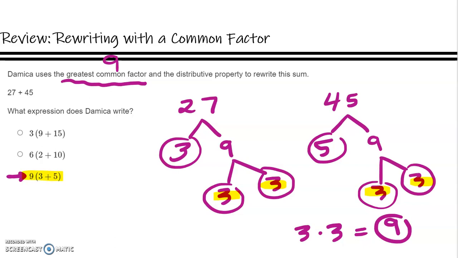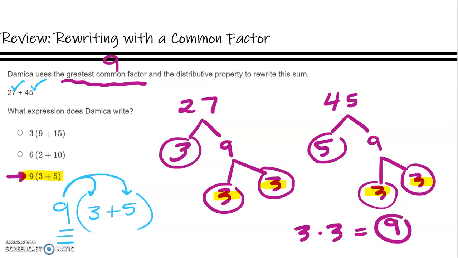If I were to work this out, the distributive property says that you take the number in front and you multiply it by both numbers inside. 9 times 3 is 27. 9 times 5 is 45. So I know that this is correct. Again, it has to be the greatest common factor in the front.